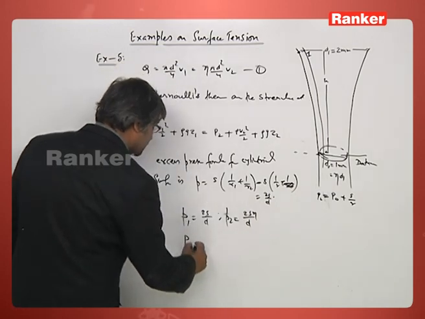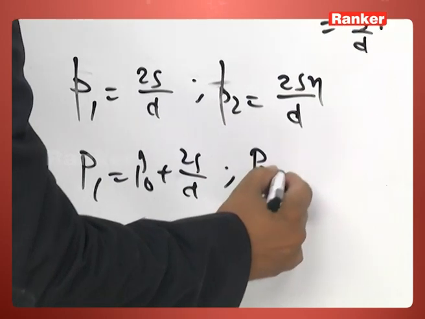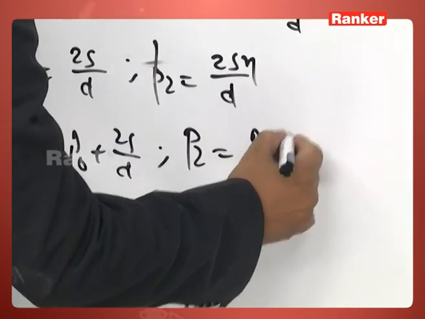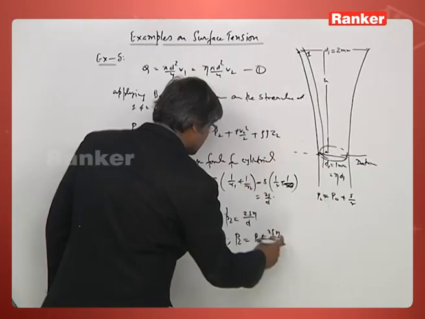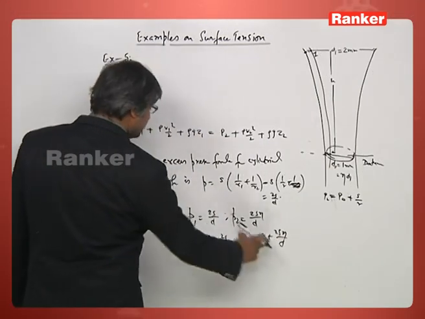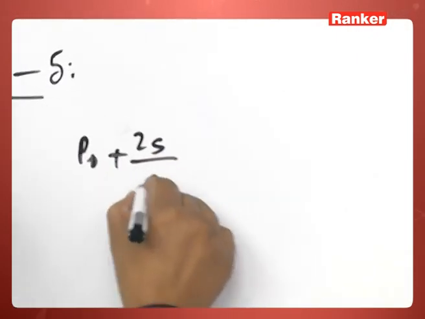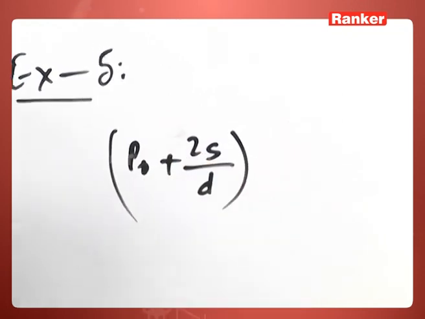So P1 is equal to P naught plus 2S by d and P2 is equal to P naught plus 2S eta by d. So we have to substitute these values here. Now substituting these values, in P1 we have P naught plus 2S by d. This is the pressure P1.